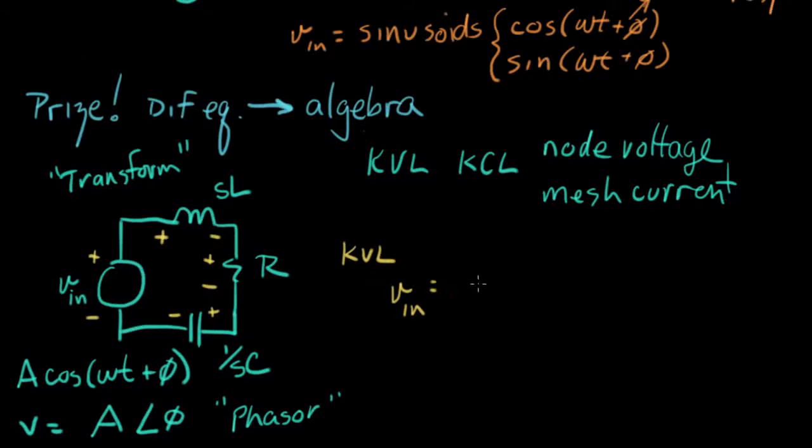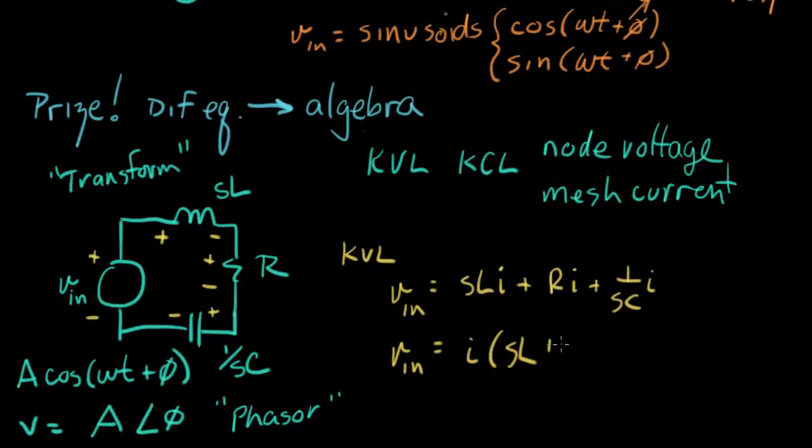And I can write it like this: SL times I plus R times I plus 1 over SC times I. And I'll write that one more time: it's I times (SL plus R plus 1 over SC). All right, that was a straightforward application of Kirchhoff's law.